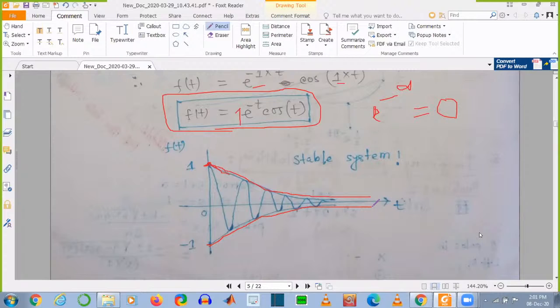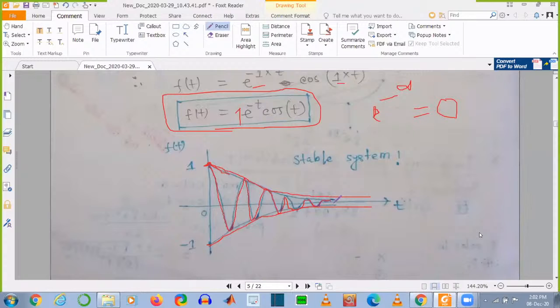Then this is our boundary, and cos t always starts from 1, then goes to minus 1, and it cannot cross the boundary. So cos will decay also with time.